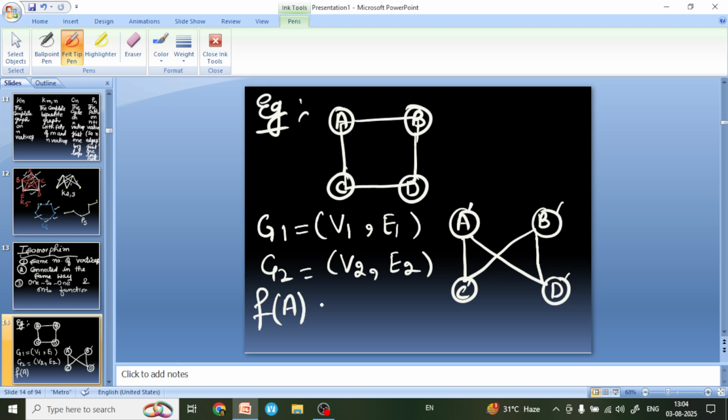Function of A is equal to A dash. Function of B is equal to D dash. Function of C is equal to B dash.